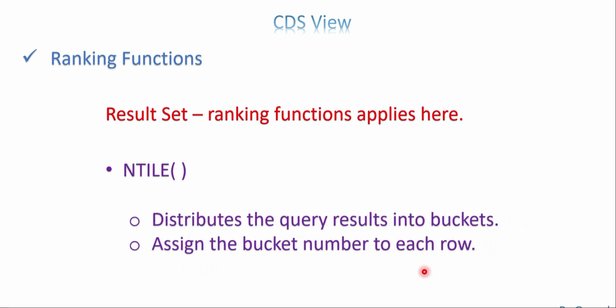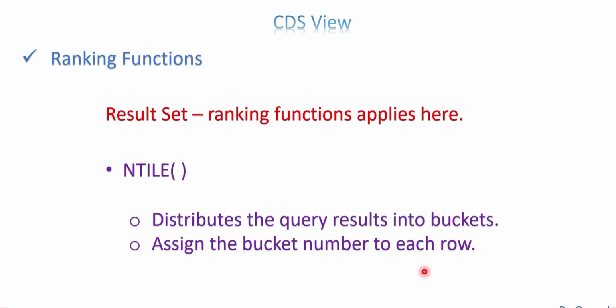Another one is NTILE. NTILE is nothing but, if your requirements call for it, you segregate your query results into buckets. Say I have 100 records or 1,000 records and I want to divide them into 4 different categories or buckets, not based on any conditions, simply 4 buckets.